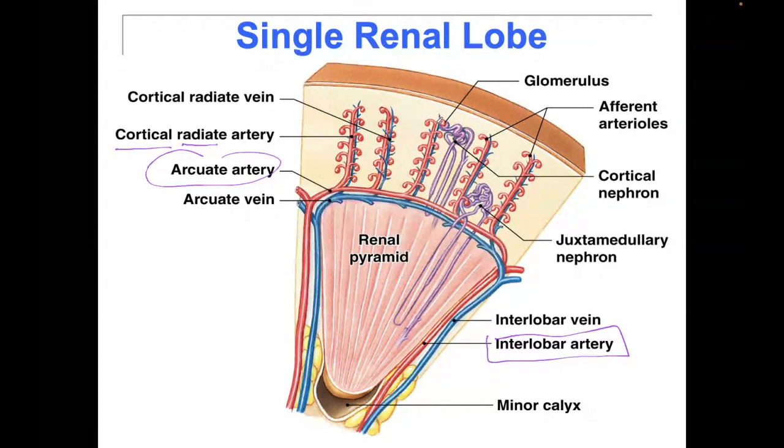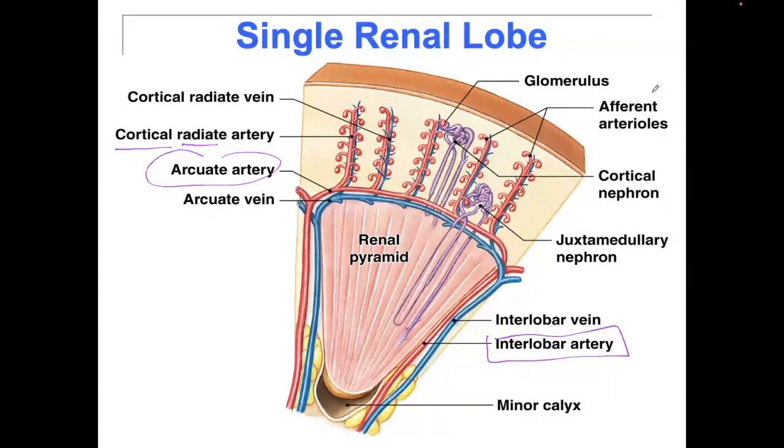Now, off the cortical radiate, that's where the afferent arteriole, the glomerulus, and the efferent arteriole exist. So, afferent arteriole, that's this or this, that leads into that Bowman's capsule. And what's housed in the Bowman's capsule is the glomerulus.